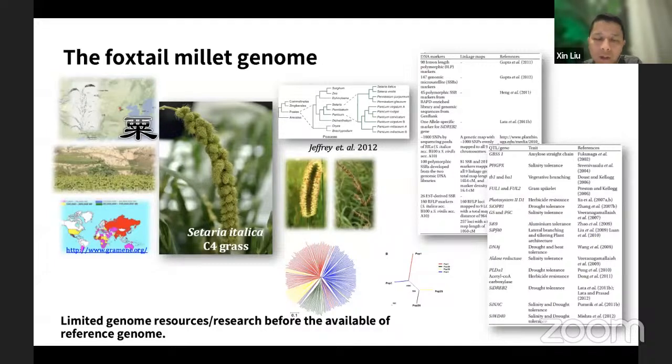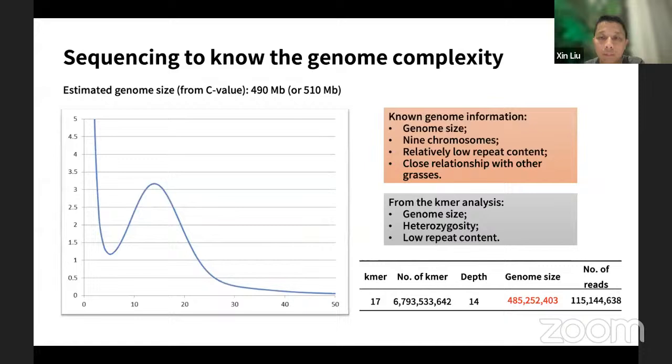This is the process that we usually use for all different plant genomes. In previous times, when you did not have an effective long read technology to use, the first thing to start genome research was to get information about the genome, especially the genome size and the repeat content, like the previous speaker mentioned.